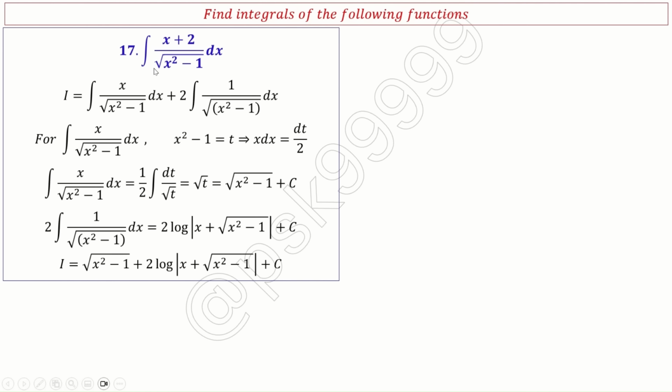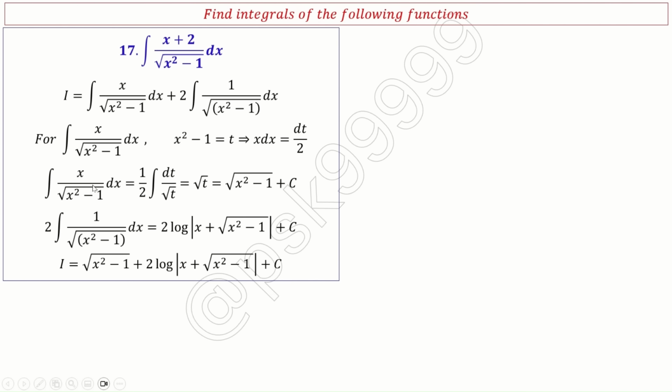Integration of (x + 2) divided by the square root of x² − 1. So I will write this as the integration of x by square root of x² − 1 dx plus 2 times the integration of 1 by square root of x² − 1 dx. Now for the first one, I'll take x² − 1 as t.